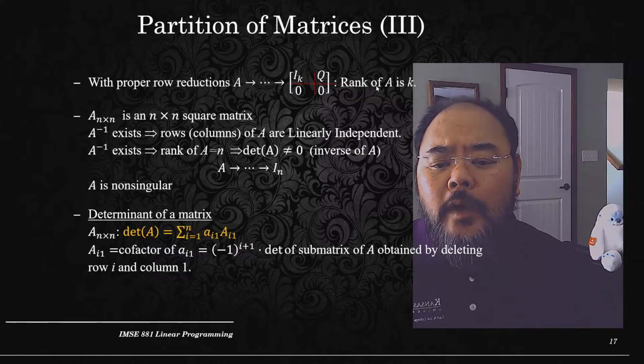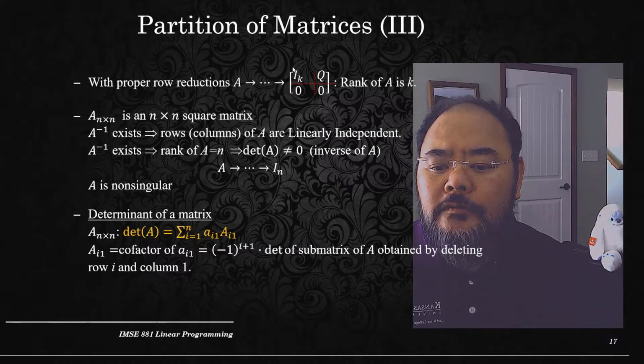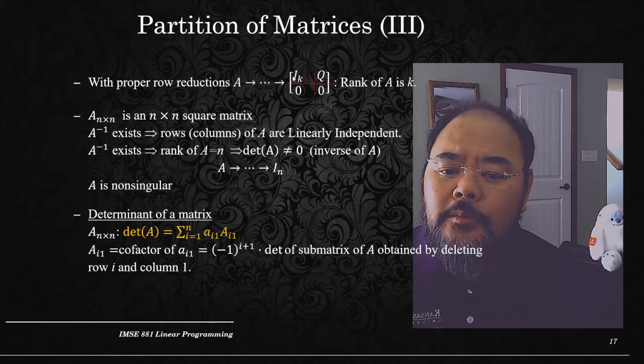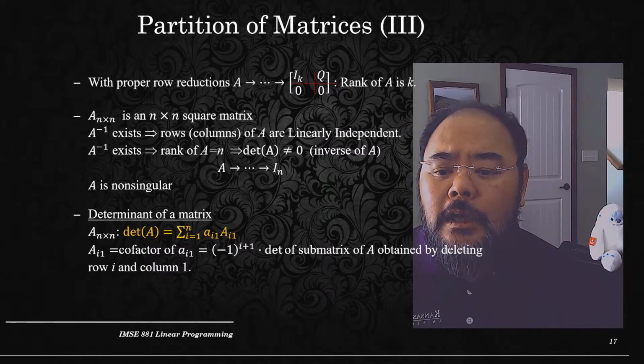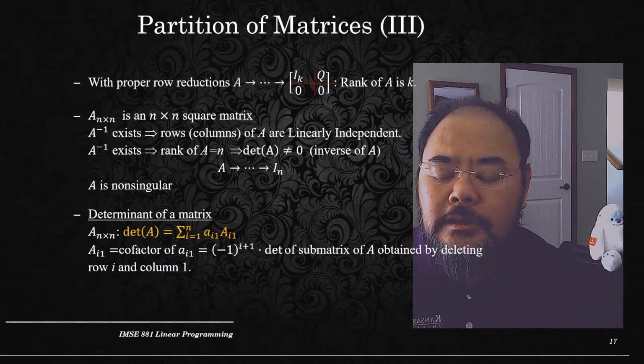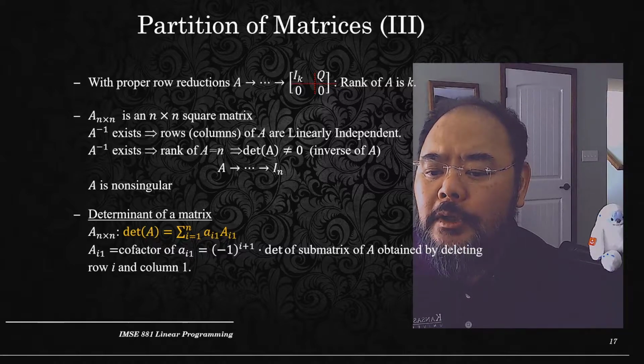Then the rank of A can be proved to be k, based on the dimension of this identity matrix. This particular operation is called reduced echelon form, by doing Gaussian elimination, or the Gaussian process, or we can refer to it as a sequence of elementary row operations.